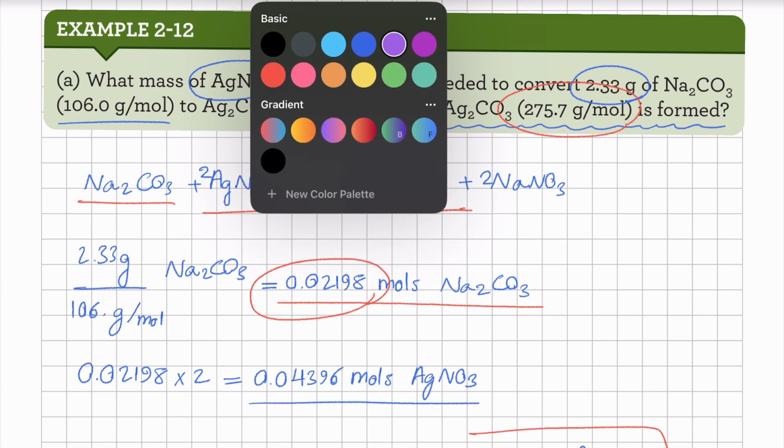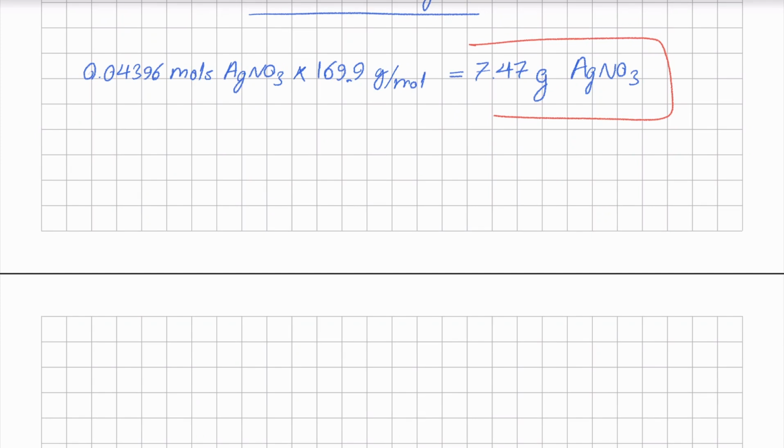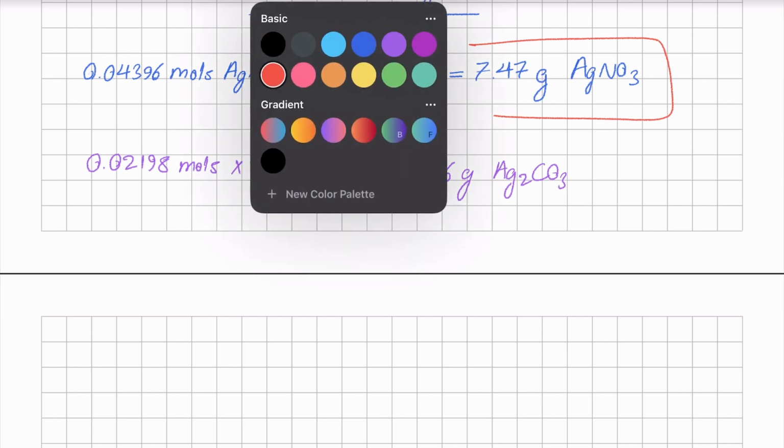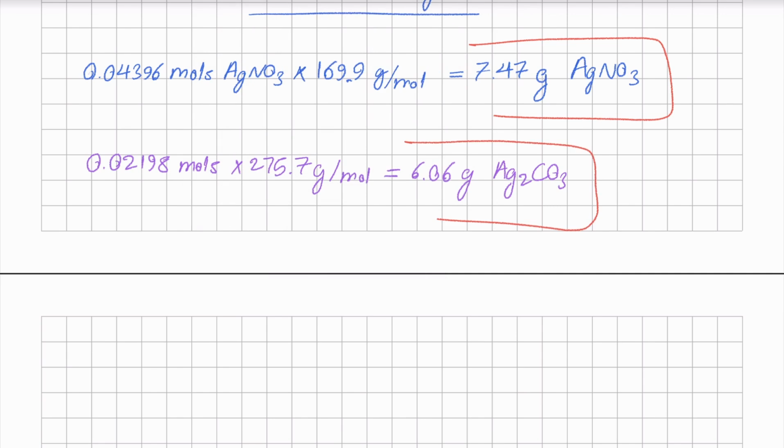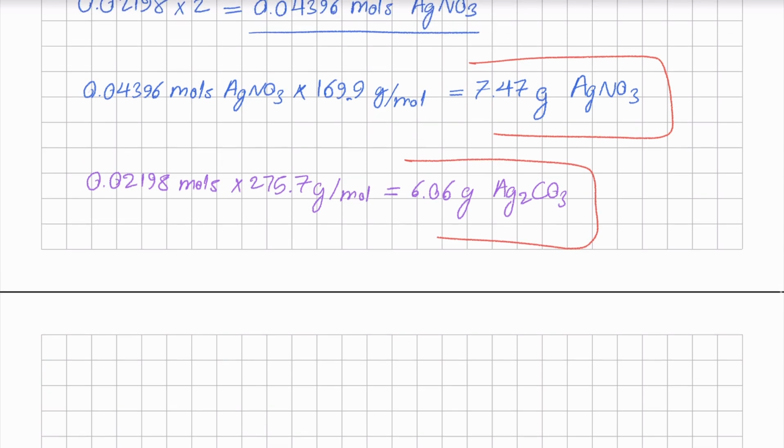So to calculate this part, we can say easily 0.02198 moles times 275.7 grams per mole. It will give us 6.06 grams of Ag2CO3. So you can see that the amount of Ag2CO3 which is produced is calculated easily.